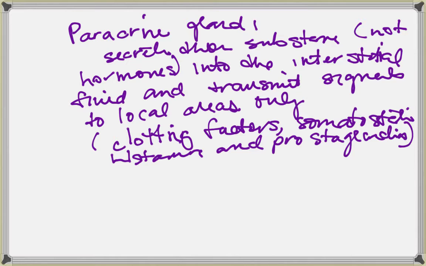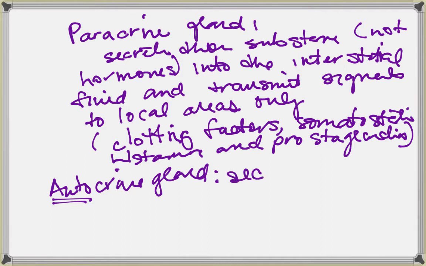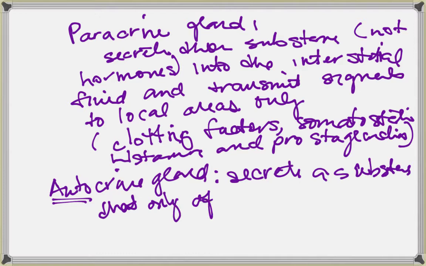Another common gland type are autocrine. And this you can think like autobiography, about self, right? These secrete a substance, and that only affects the secreting cell.